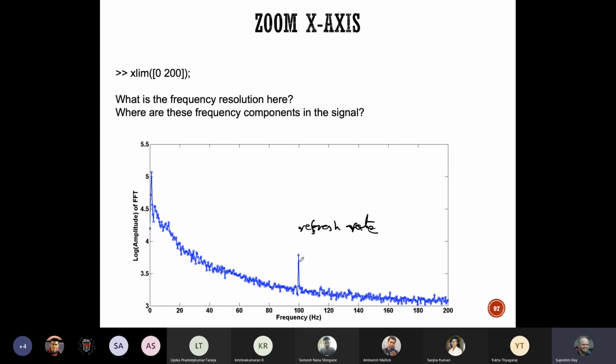Now I want to know, if I look at any two frequencies, since it's a discrete signal, I'm getting some value here, then here, and then here. I want to know what the spacing in frequency is between any two points. That is what I mean by frequency resolution. So what is the frequency resolution here?